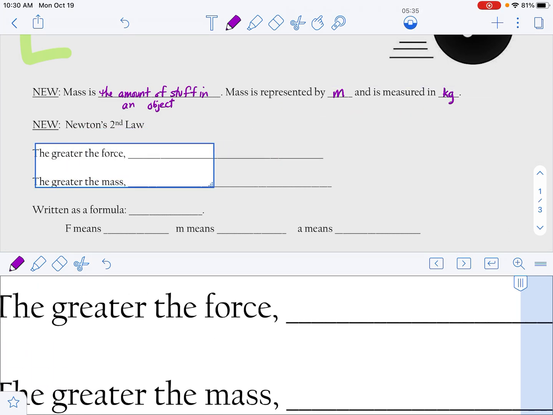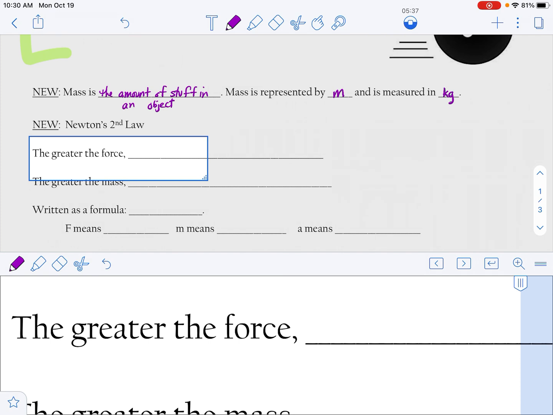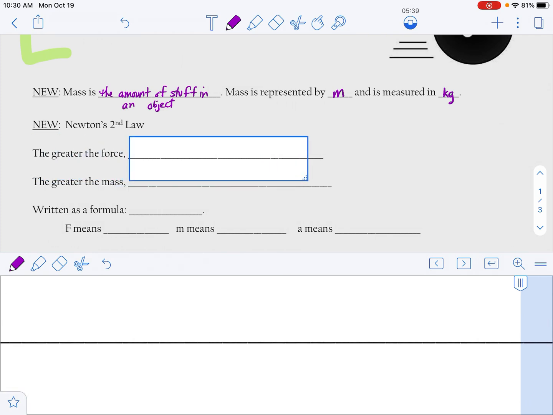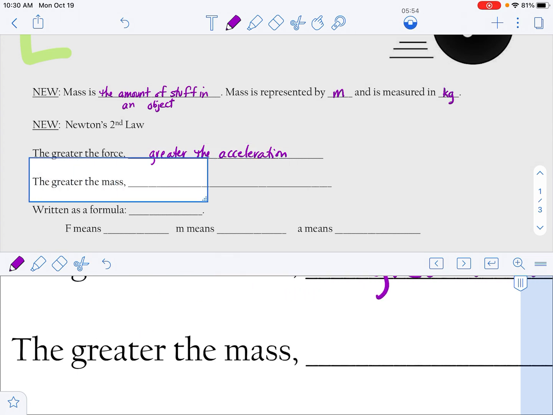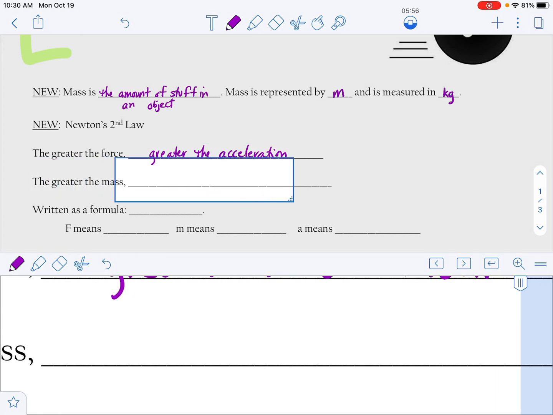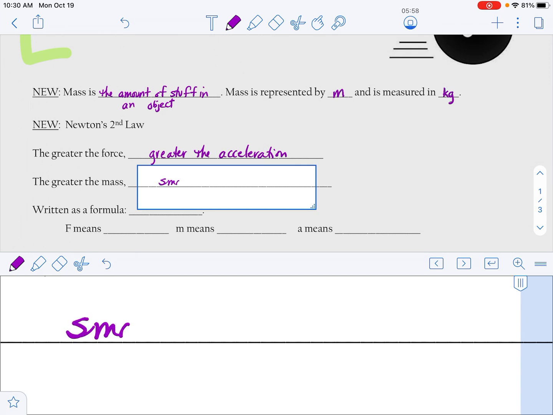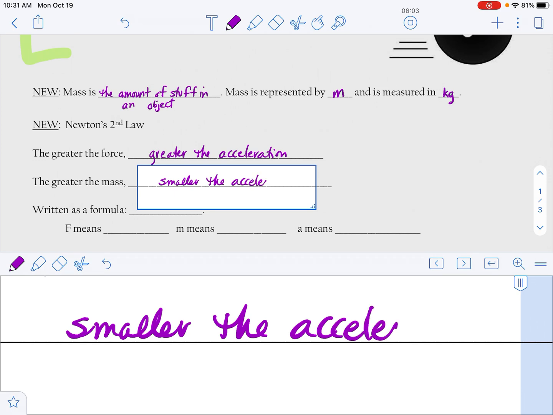So Newton's second law essentially tells you the greater the force that acts on an object, the greater the acceleration. In other words, if you push something harder, it's going to accelerate more, right? That makes sense. Newton's second law also says the greater the mass, the smaller the acceleration, which also makes sense.